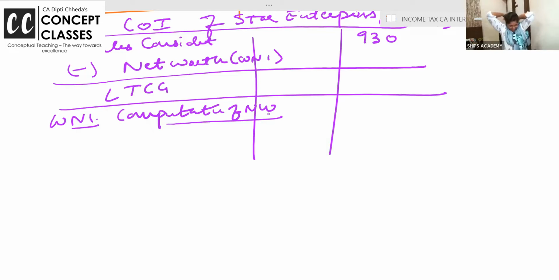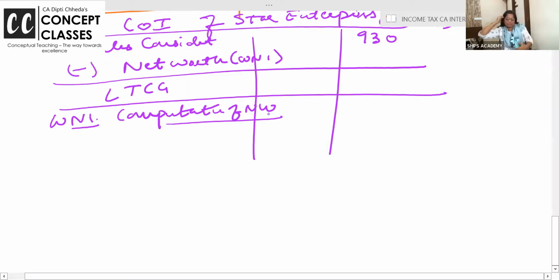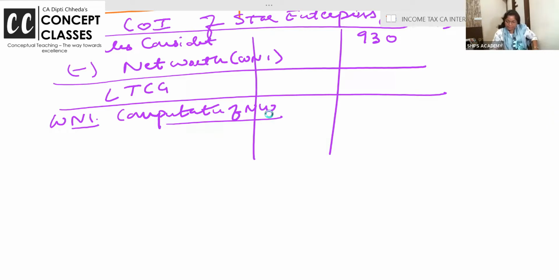It's in fixed assets. That WDV, sorry, is other fixed assets, not other assets. So other assets of 440 you take as it is.